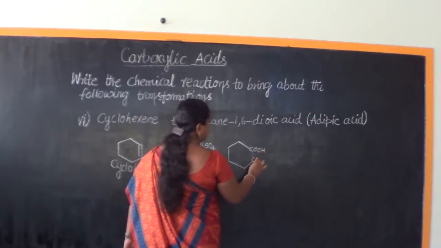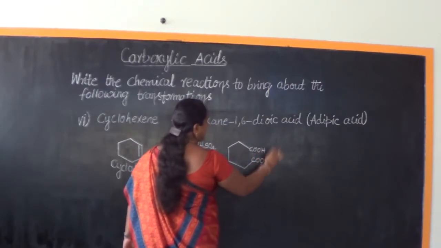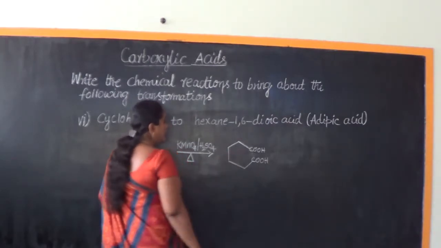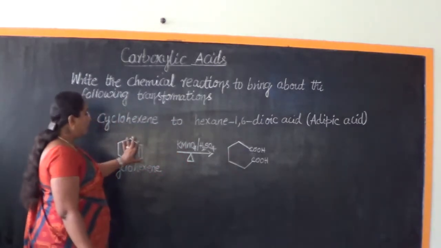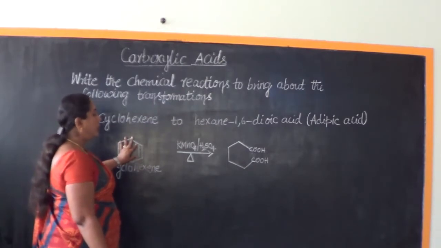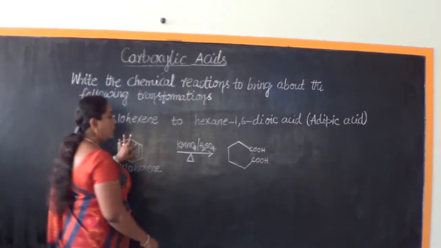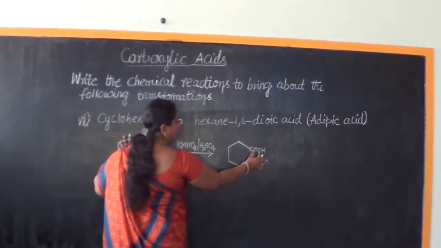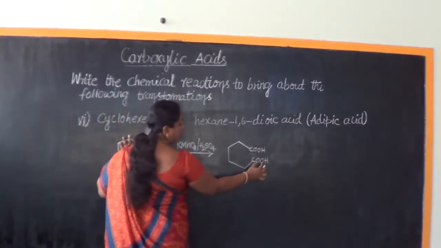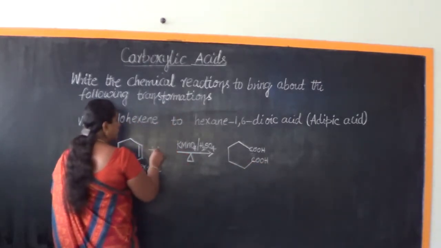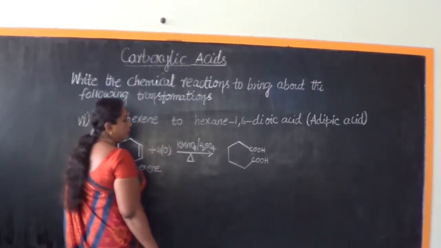This end will also be 1 COOH. So it results in the structure like this. This ring has got opened, this double bond has got broken down. In that place what has happened? 2 oxygen along with this carbon and hydrogen have come and got added up. So therefore we make use of 4 nascent oxygen.